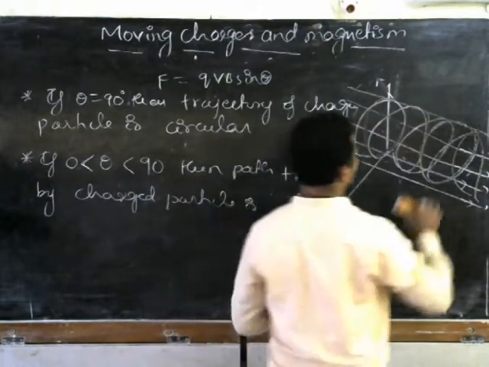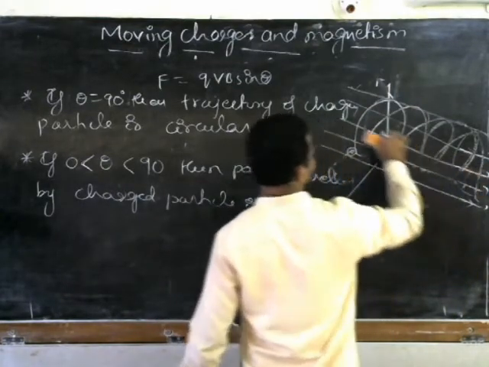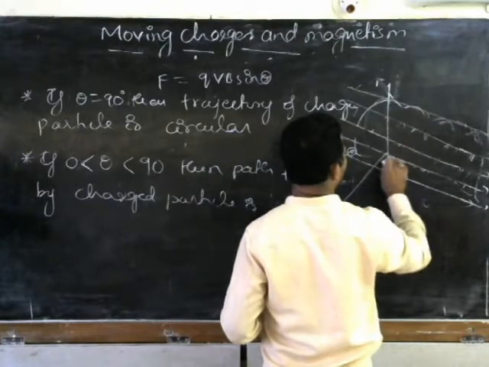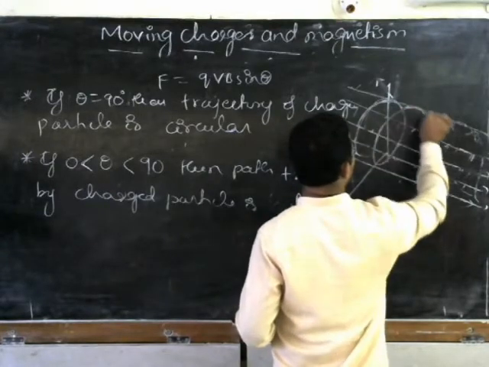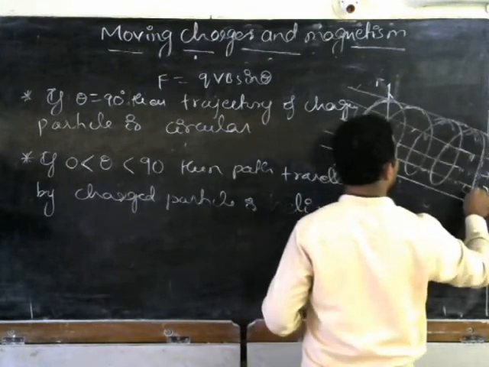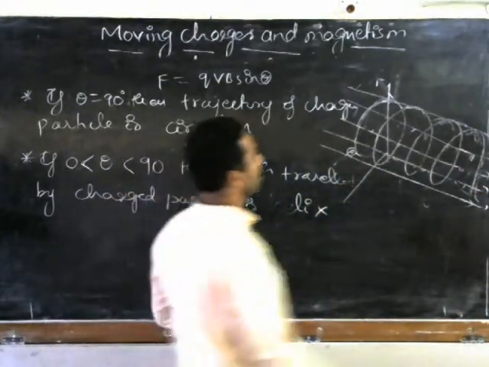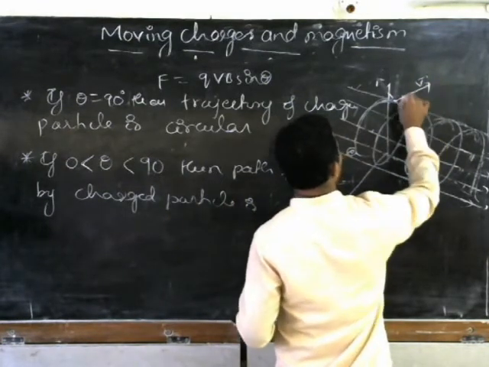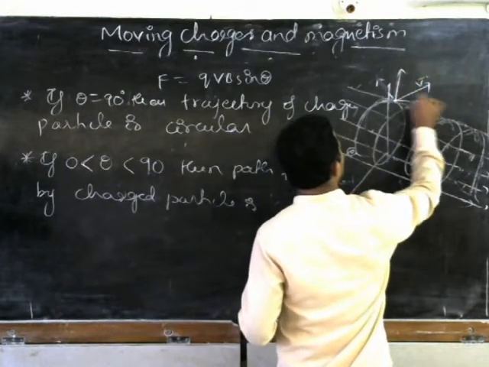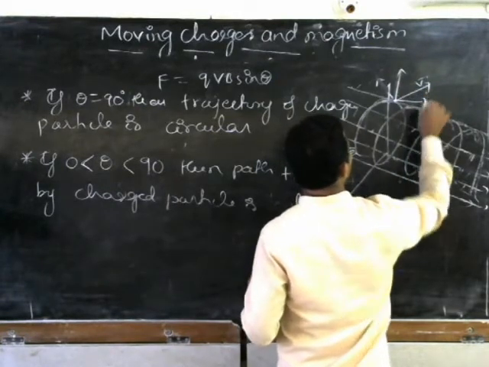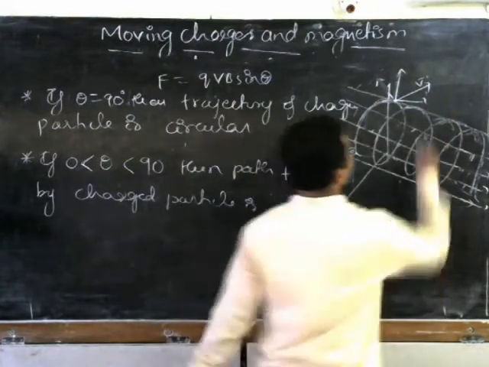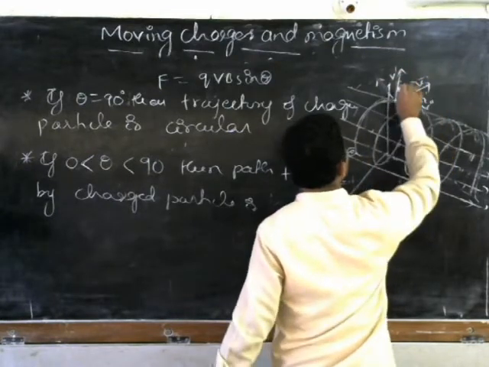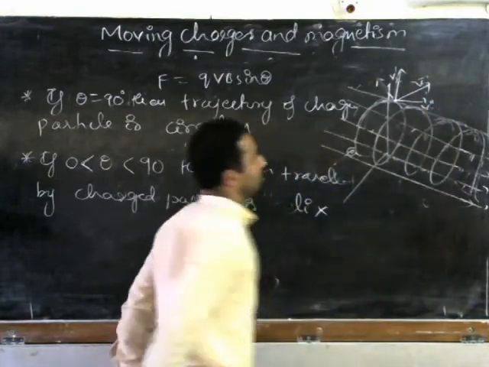Let me draw it clearly. This is the path traveled by the charged particle. Let us say this is the direction of velocity of this charged particle at this point. These are the components of velocity. Let me say this is v double dash, this is v dash. This is the y component, this is the x component.